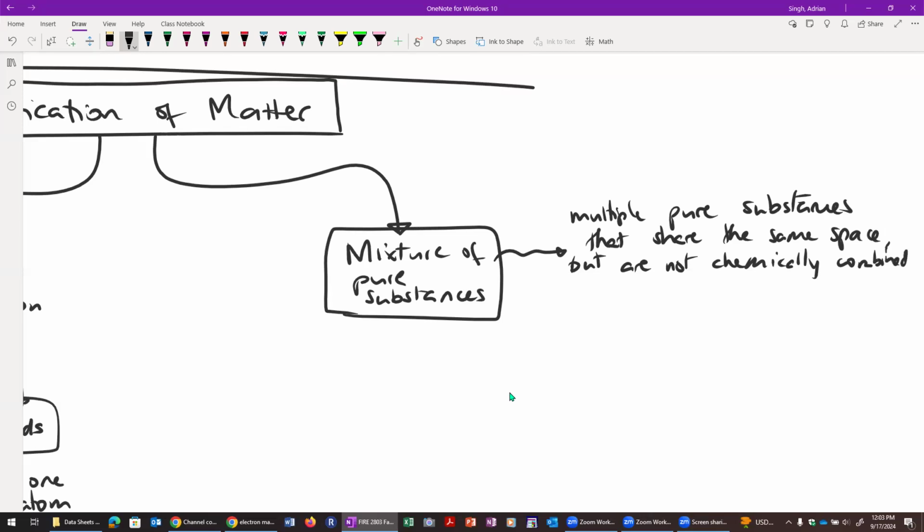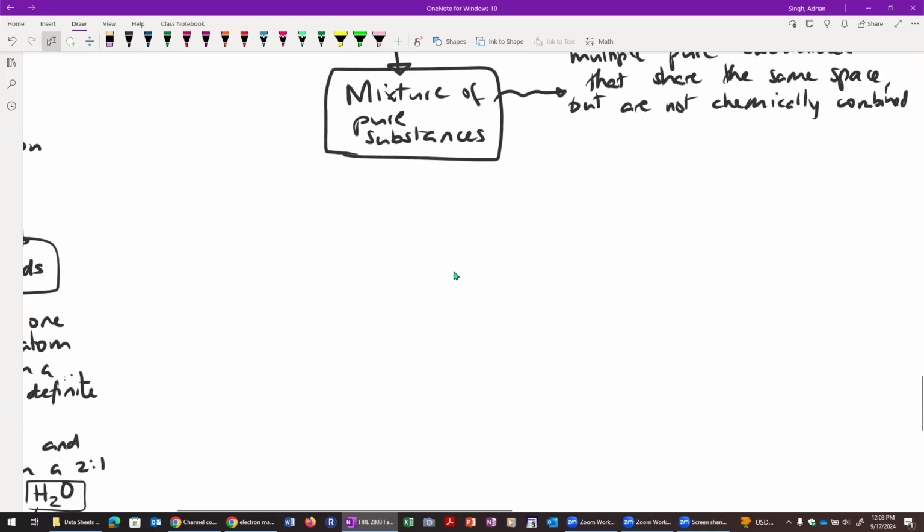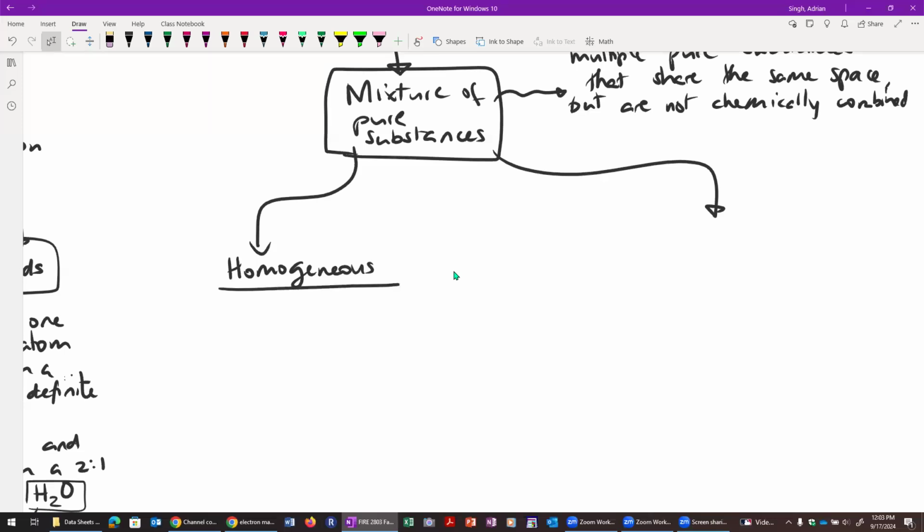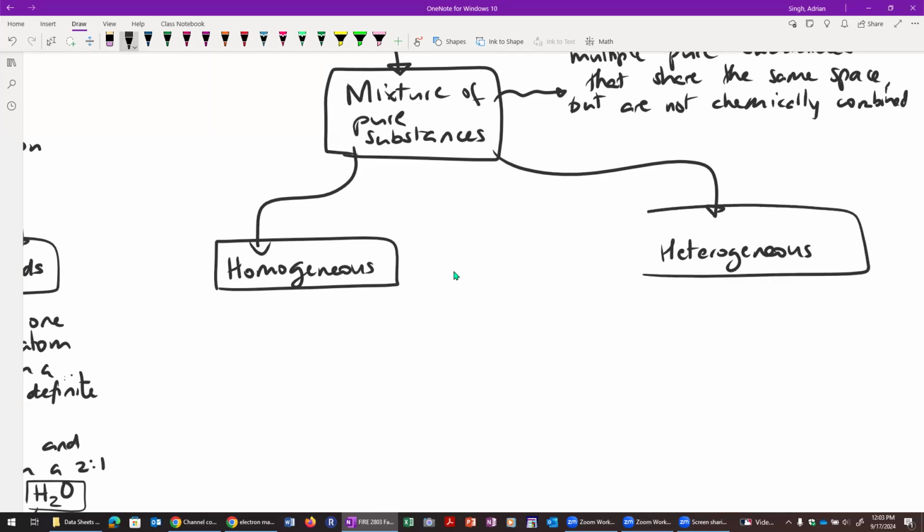So under this general category, we have two subcategories, just like we did in the previous one. We have what are known as homogeneous mixtures, or sometimes you can write it homogenous, but it's spelled that way. And then we have heterogeneous mixtures. Okay, so these are examples of mixtures. What's the difference between them?